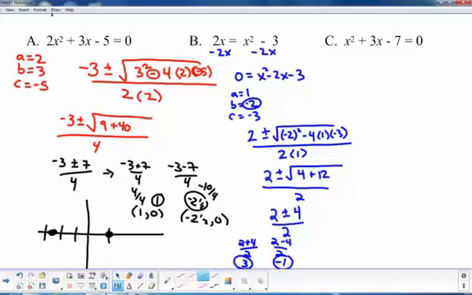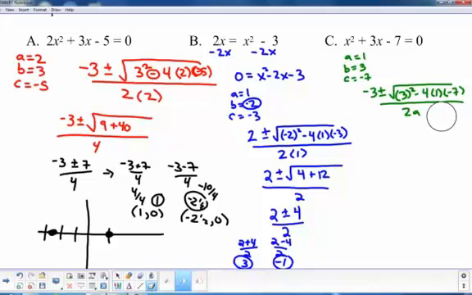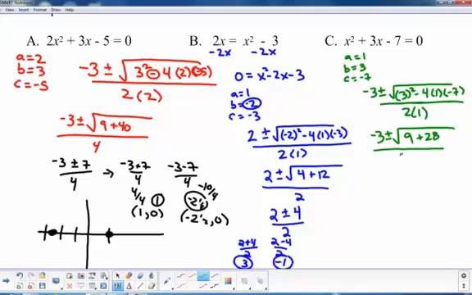And the last one over here, A is 1, B is 3, C is negative 7. So negative b plus or minus square root b squared minus 4ac divided by 2a. Okay, so negative 3 plus or minus square root of 9, another plus, because minus a negative, and that's 28, divided by 2.